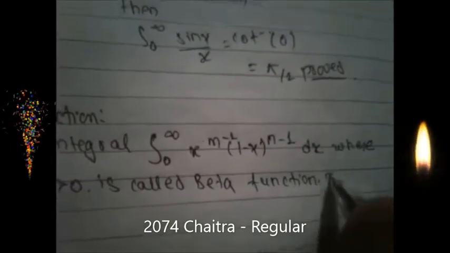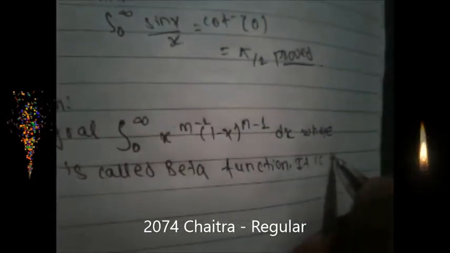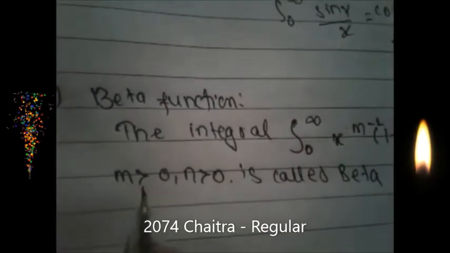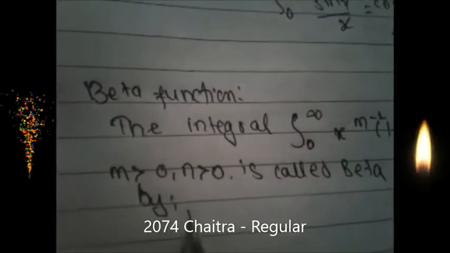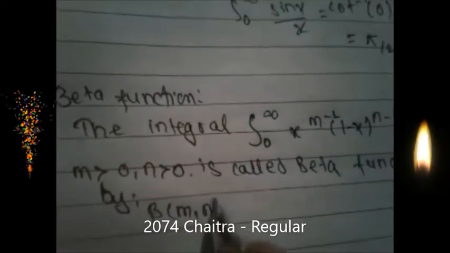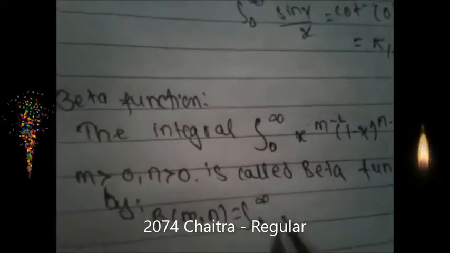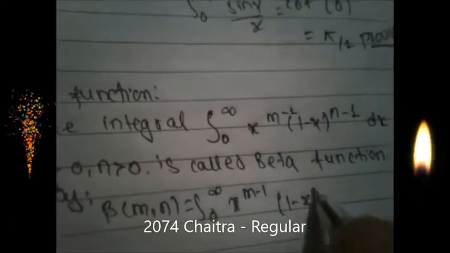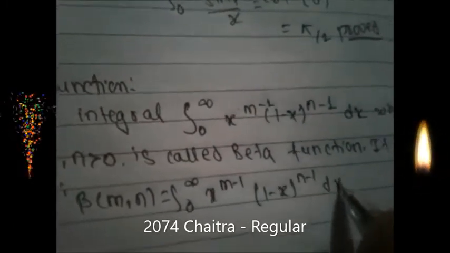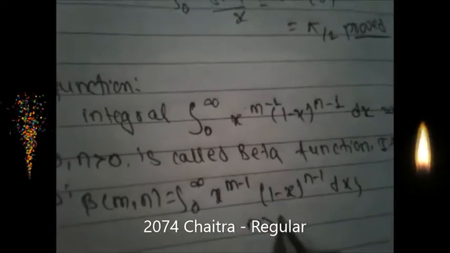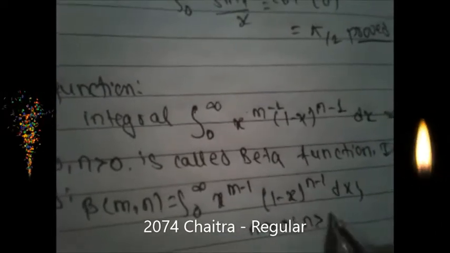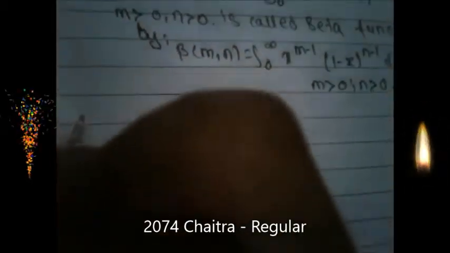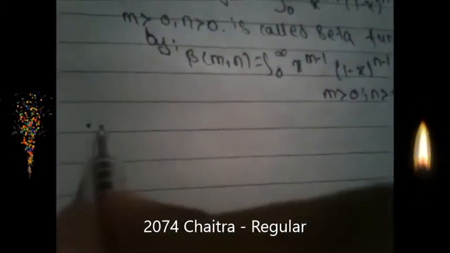That is given by beta of m comma n is equal to the integral of x raised to the power m minus 1, times 1 minus x to the power n minus 1, dx, when m is greater than 0 and n is greater than 0.